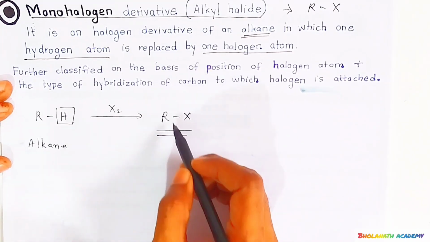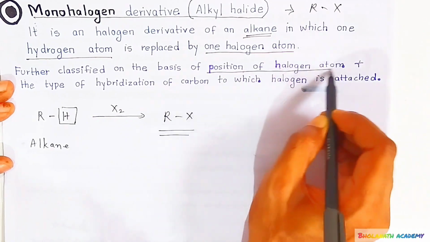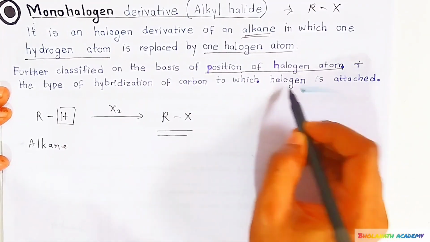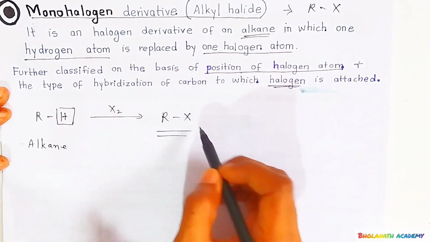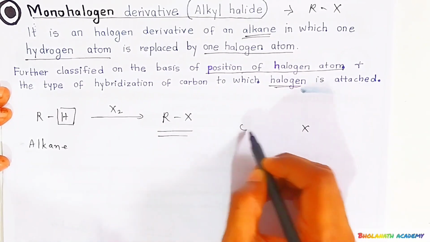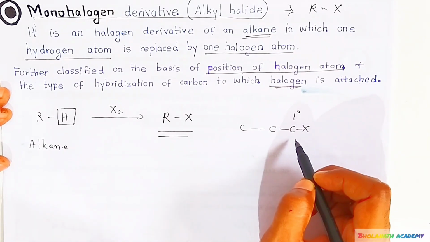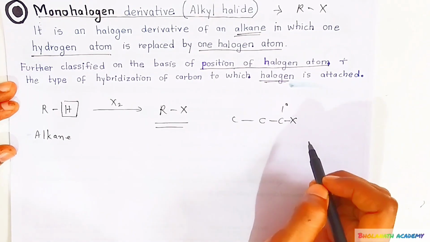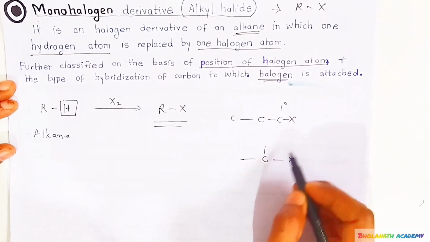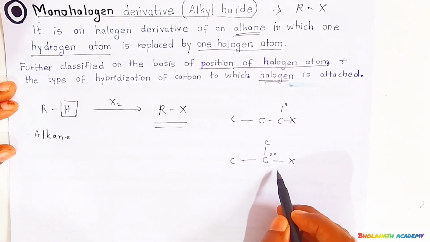Now, students, this monohalogen derivative is further classified depending upon the position of the halogen atom, the type of the carbon to which the halogen atom is attached. If the halogen atom is attached to a first degree carbon, this is called a primary alkyl halide. If it is attached to a second degree carbon, then it is called a secondary alkyl halide.